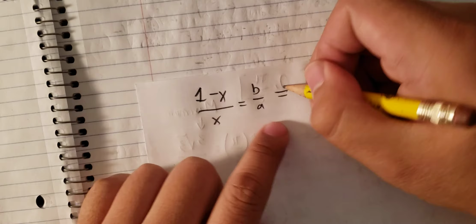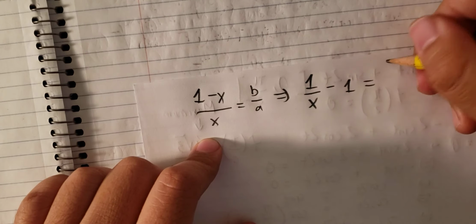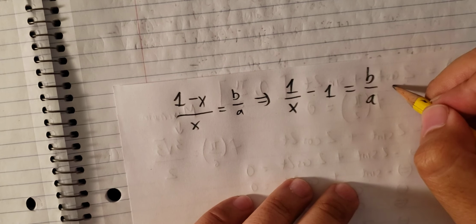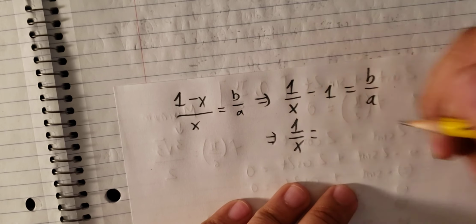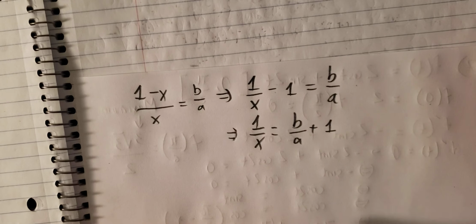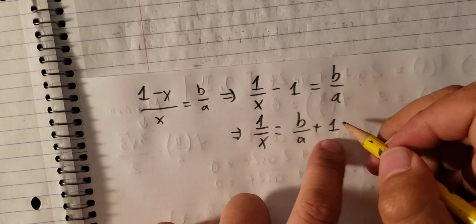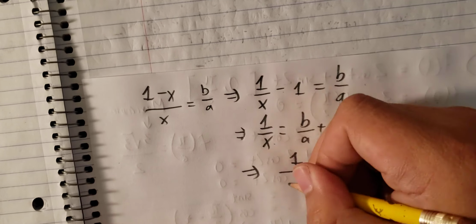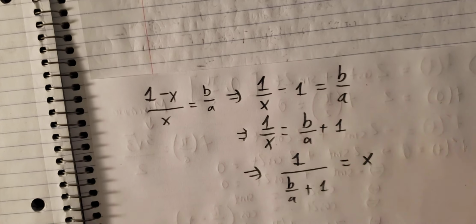We have 1 minus s minus 1 equal to b divided by a. Minus 1 goes to the right, so you get 1 divided by s equal to b divided by a plus 1. So you put the s on the right and b divided by a plus 1 goes to the left, and you get 1 divided by b over a plus 1 equal to s here.